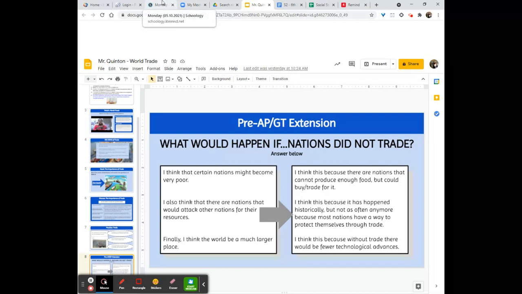Oh, right. What about that whole project thing, Mr. Quinton? Yes, let me throw that in there right quick. Folks, if you can explain how your service, how your product that you're creating for your project might be worth trading with another country, say, I don't know, India or Peru or China, then you are obviously explaining things like the resources that you're using. That would be land.